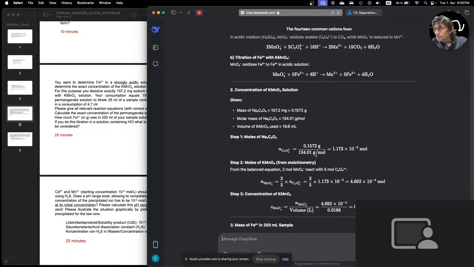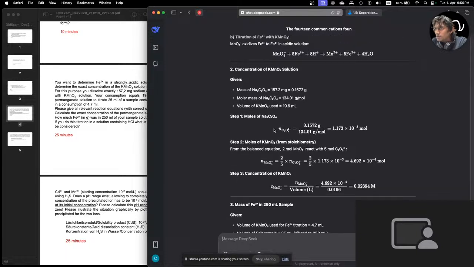You do grams divided by molar mass. Then moles of permanganate from the stoichiometry. From the balanced equation, 2 moles of permanganate react with 5 moles of oxalate.